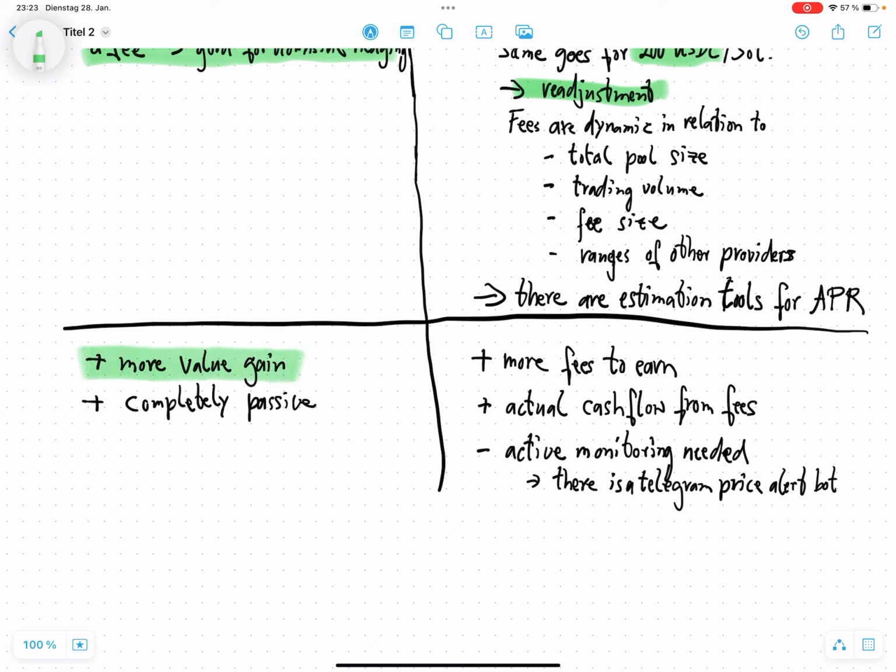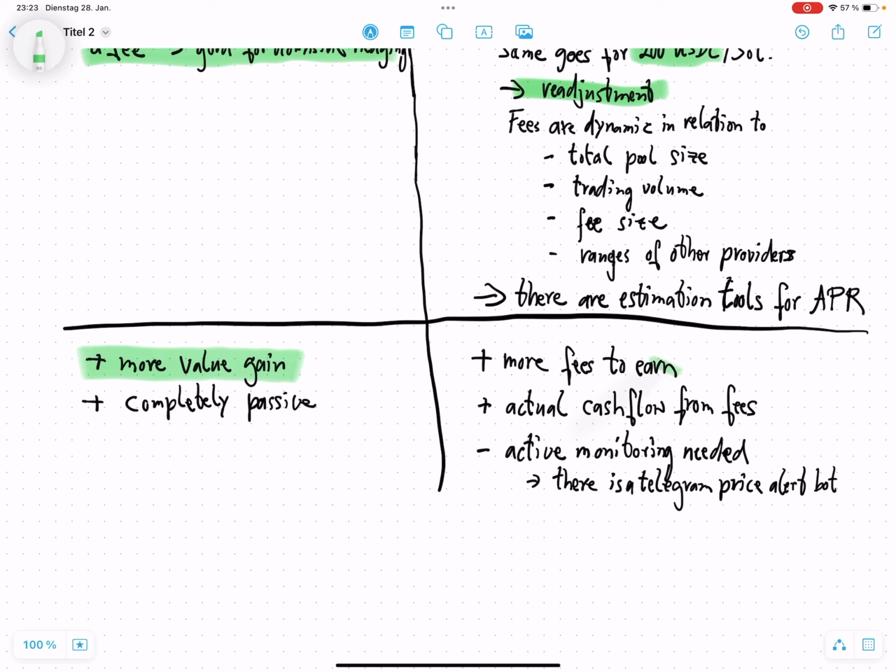So if the token, or one of the tokens, or maybe both tokens, depending what crypto assets you provide, goes up in value, there will be more value gain and appreciation in the pool compared to the concentrated liquidity, where your percentage of the token that might go up is being sold into the other token directly and not readjusted to 50-50. So of course there will be more value gain.